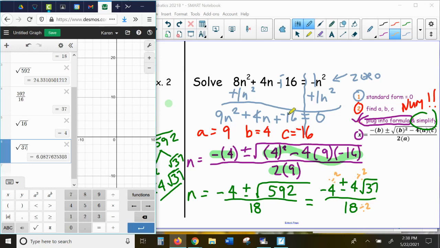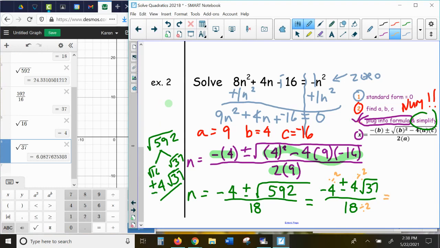So actually, the final best answer that you're going to learn in Algebra 2 is going to be a negative 2 plus or minus a 2 radical 37, all divided by a 9, because you can actually divide these three by 2. But what we have in green right here would be a perfectly acceptable answer right now in Algebra 1. So that means you have two solutions to this.